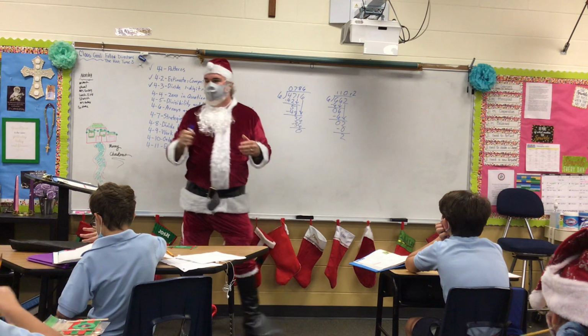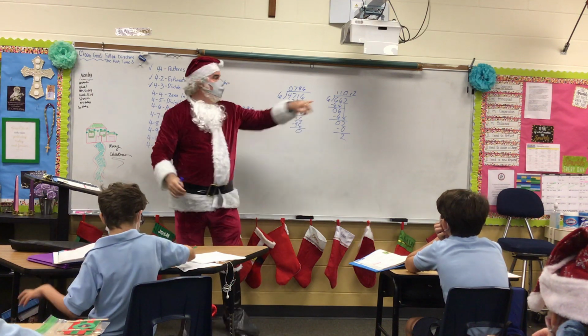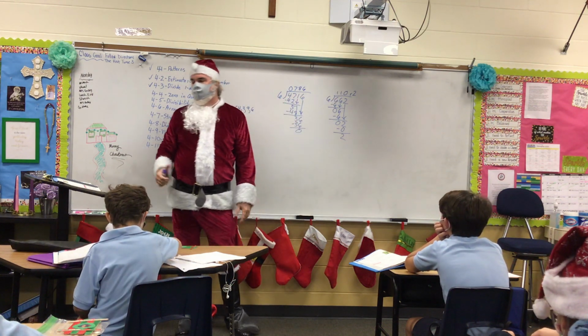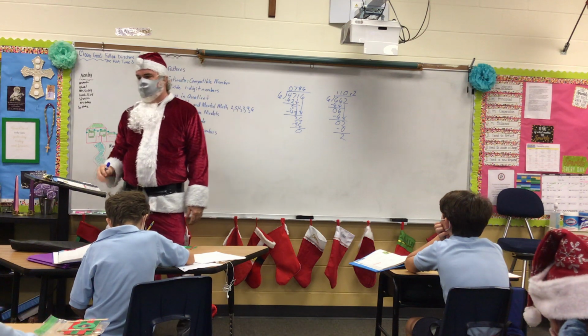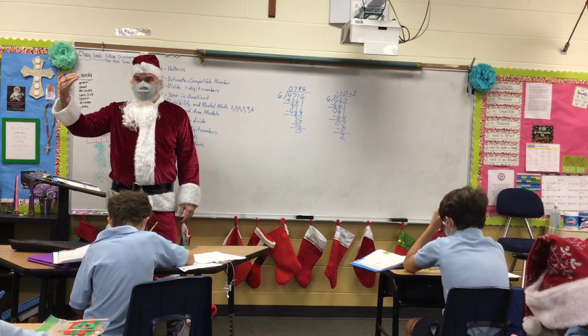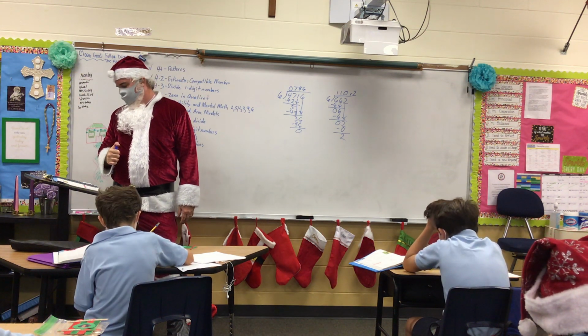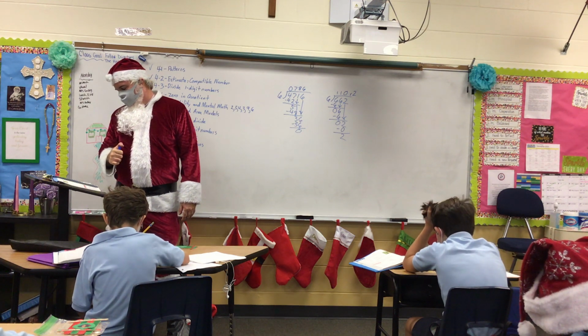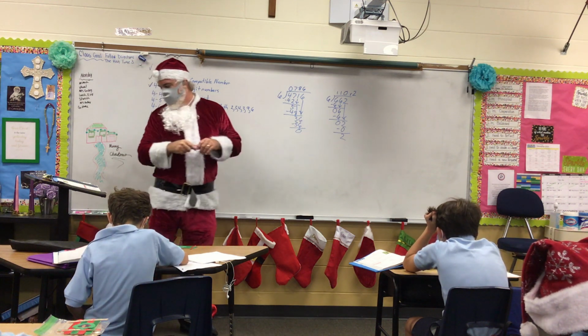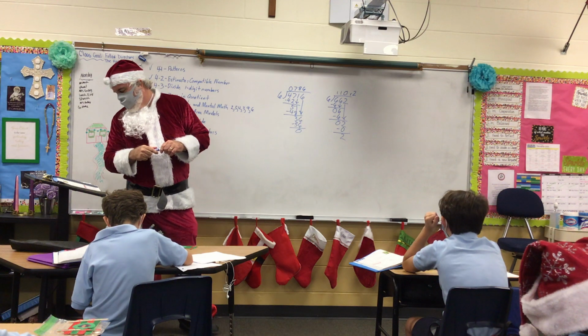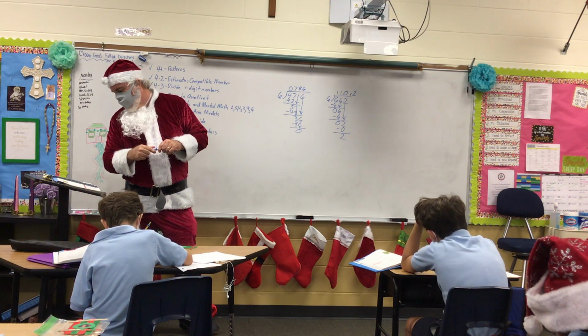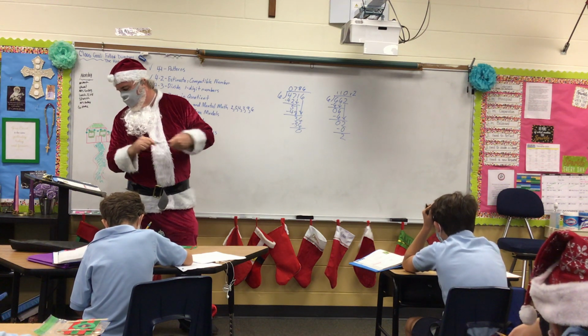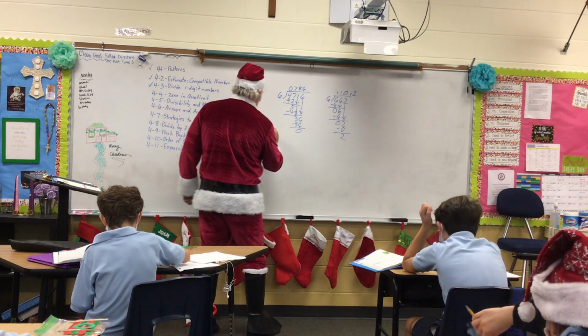You're going to have a 0 in the answer. And that's all that this lesson was about, making sure that you knew you still have to put that 0 there. Let me give you one more.